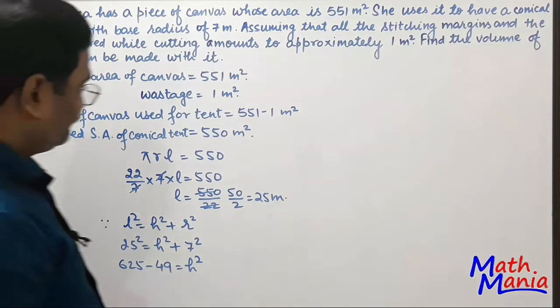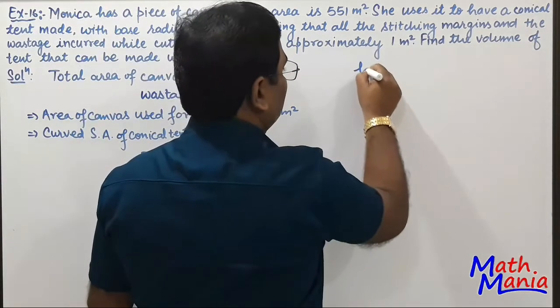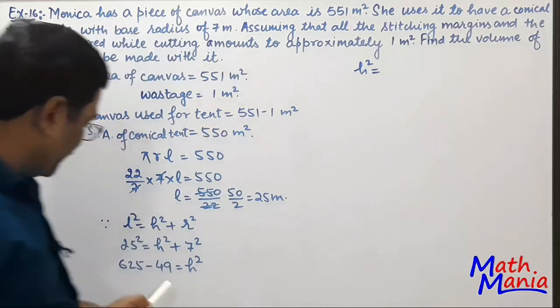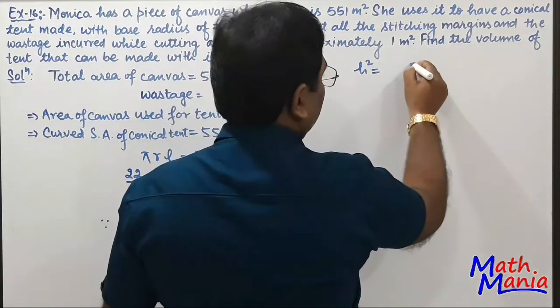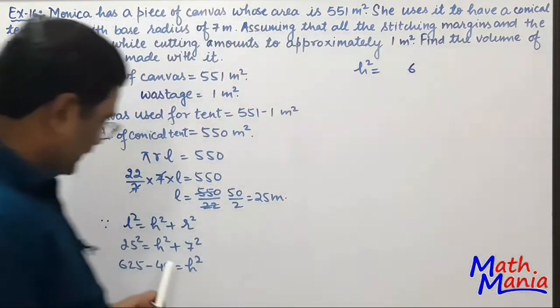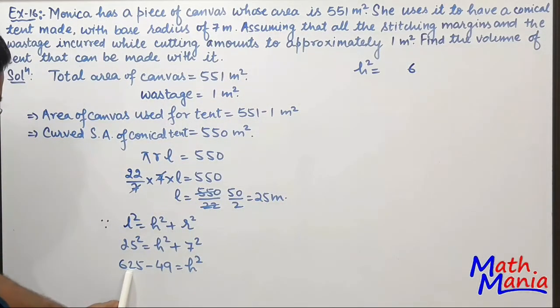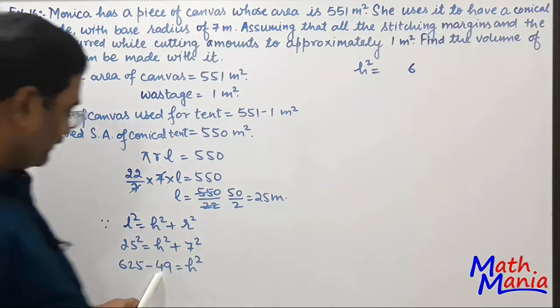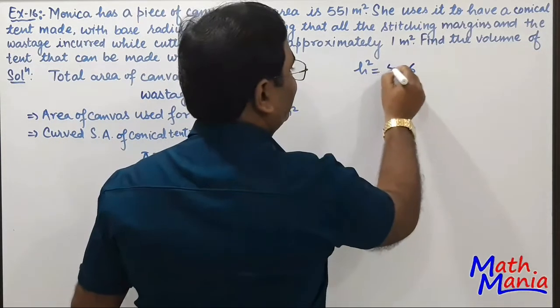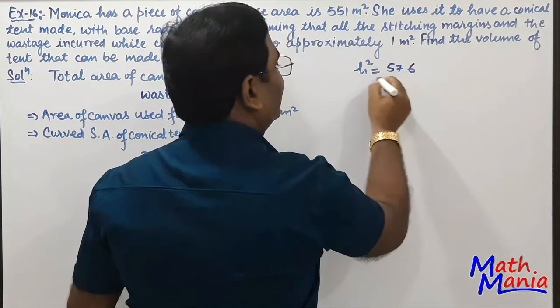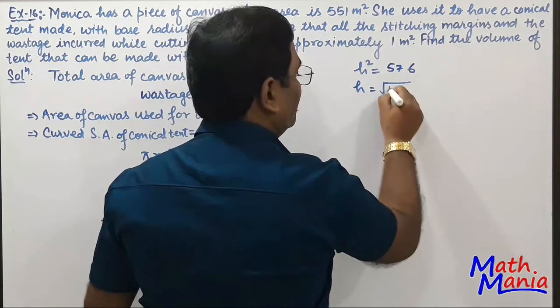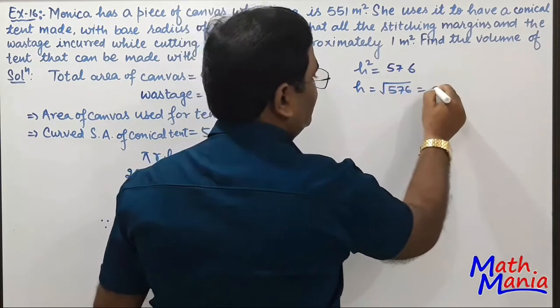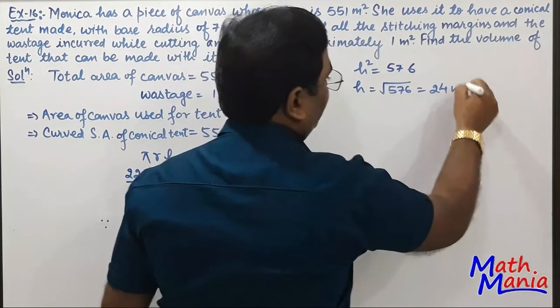Therefore h square is equal to 576. Which gives that h is equal to under root 576, that gives you 24 meter.